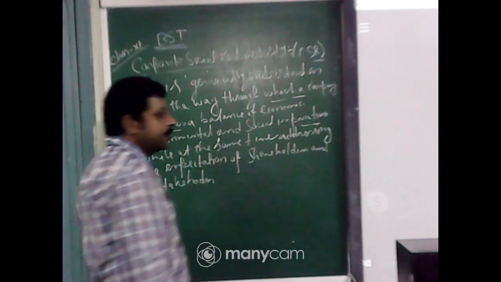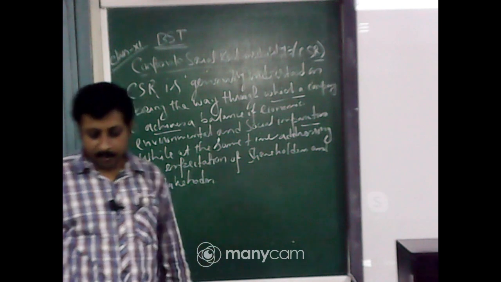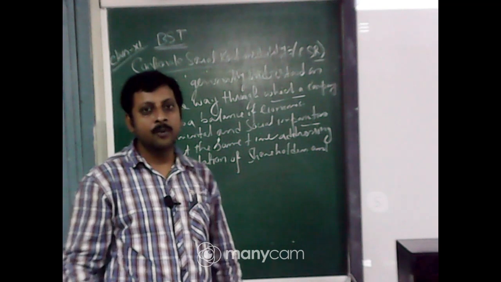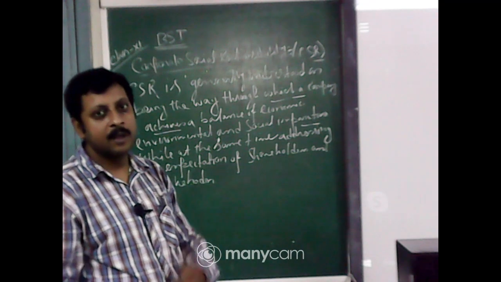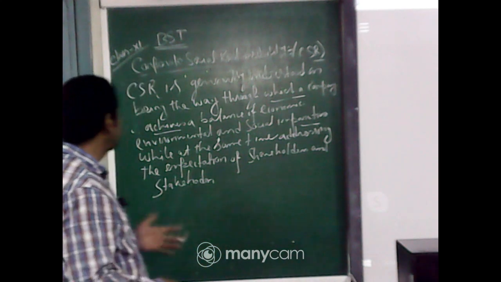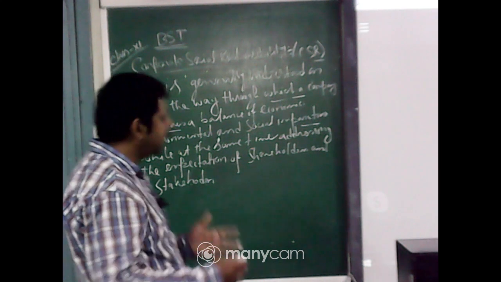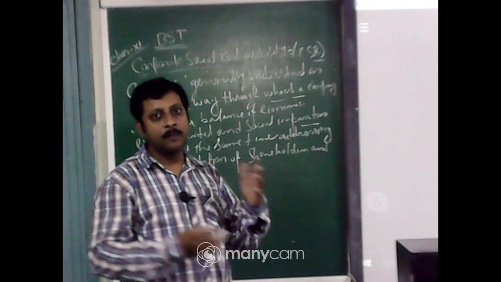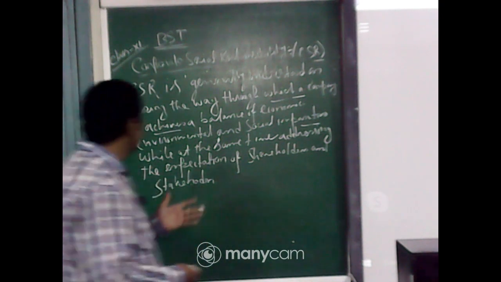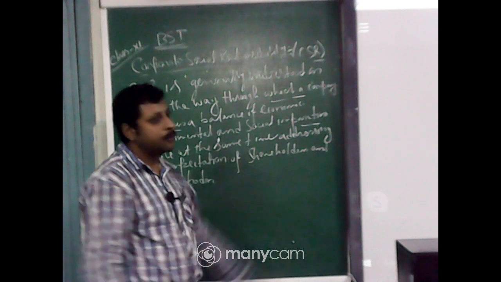This definition says what I discussed earlier also, that businesses nowadays should balance the economic, that is, the profit motive. Businesses are set up for economic development. As they look after their economic problems, in the same way they should look after environmental and social problems also.